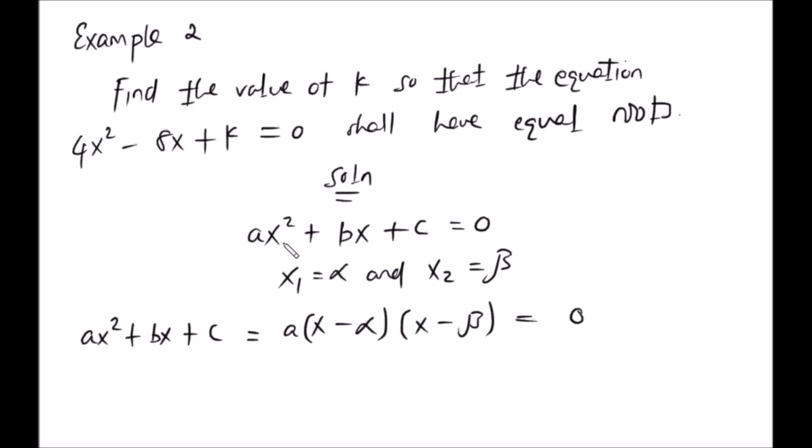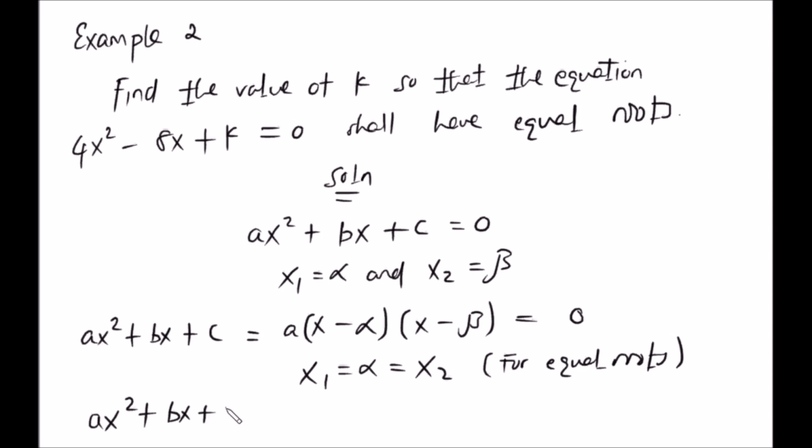So ikitokea kwamba a quadratic equation kama hii ina root ambazo ni sawa, yani x1 ni alpha na x2 ni hiyo hiyo alpha, maana yake ni kwamba nikifactorize sasa hapa ndo for equal roots, si ndio? Maana nikifactorize sasa huyu jamaa, itakuwa ni a times x minus alpha times x minus huyo alpha, kwa sababu roots zinafanana, ambayo ni a times x minus alpha squared sasa na 0.